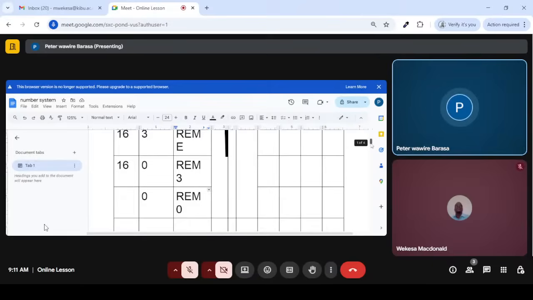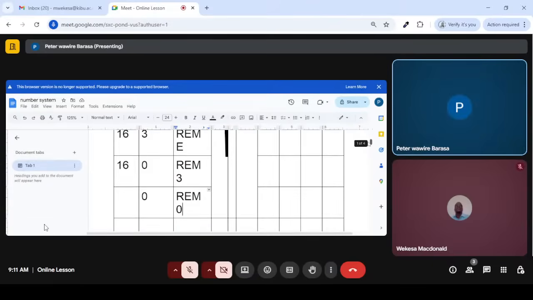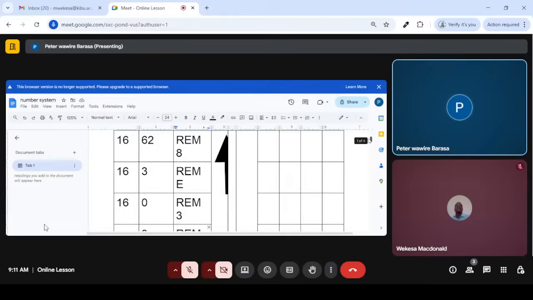When you write the answer upwards, it will be 0, 3, E8.